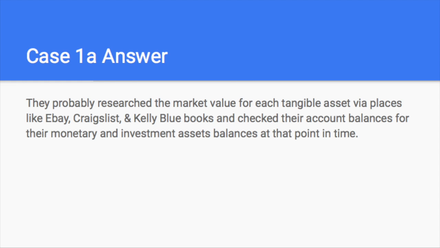We got that answer by thinking about where you would sell your used items, and that's where we would research the fair market price for that item. And for the monetary and investment assets, that's just where you would check, depending on where your accounts are, usually online or at your bank.